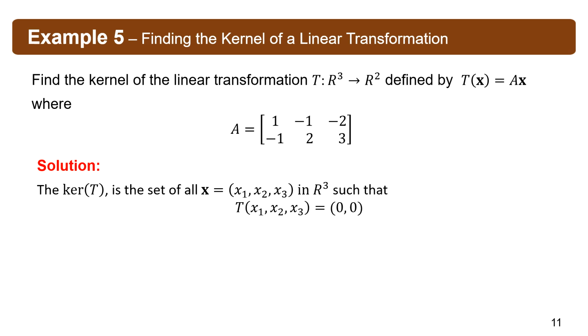You have to equate this. Your x must be the vectors, no? x of 1, x of 2, x of 3 must be transformed to two vectors. So you equate that to 0, 0, because it says in the mapping from R cubed to R squared.